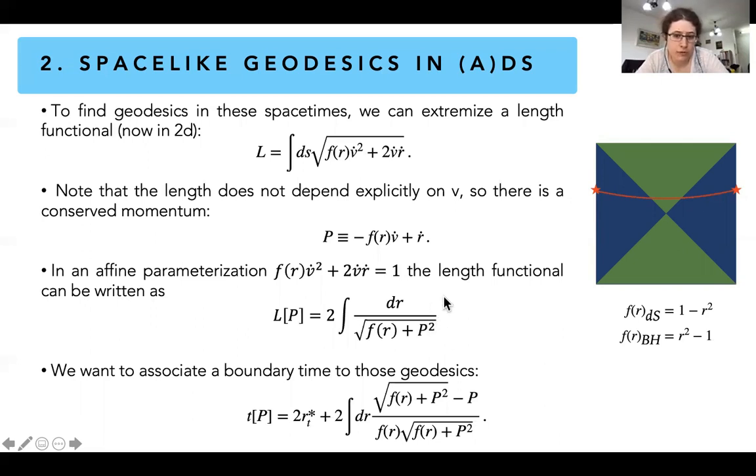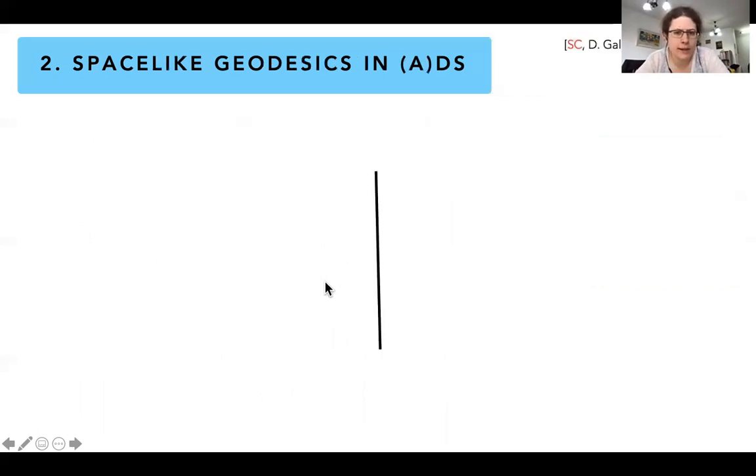So they would both depend on this conserved momentum, and so we would have a parametric plot of the length of the geodesic as a function of time. Now in 2D, things are simple enough that we can solve everything analytically, and we can show how the length of the geodesic depends on time by an analytic expression.